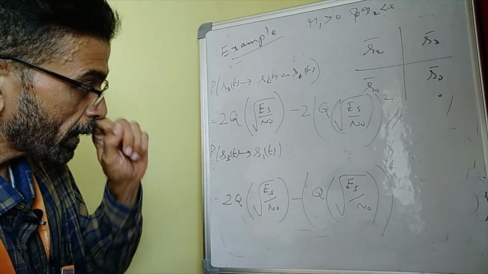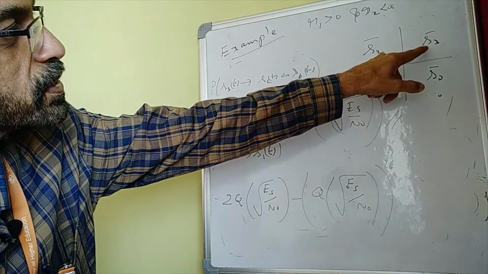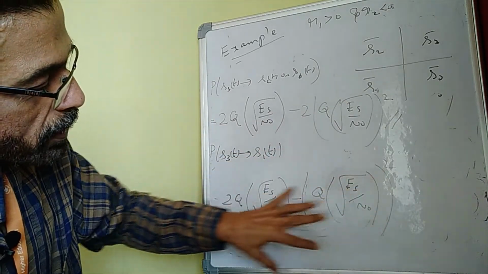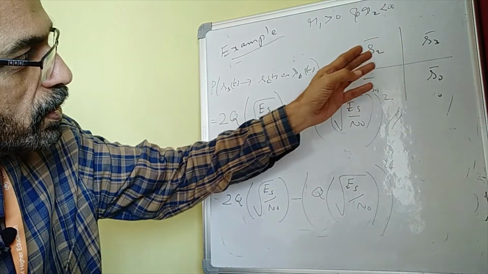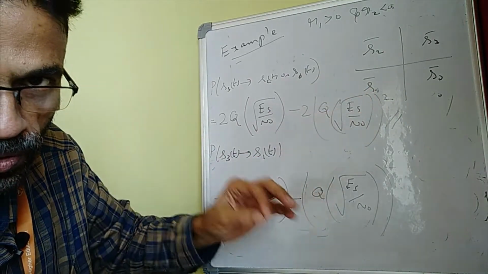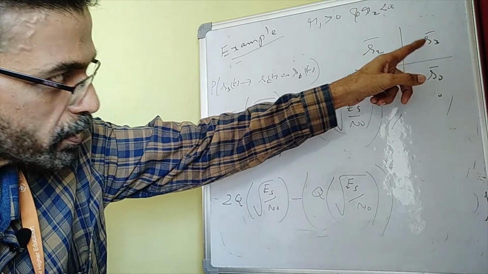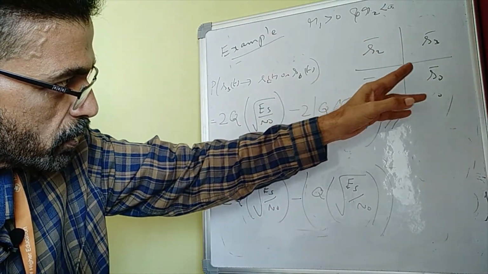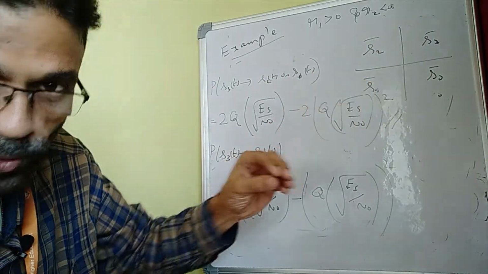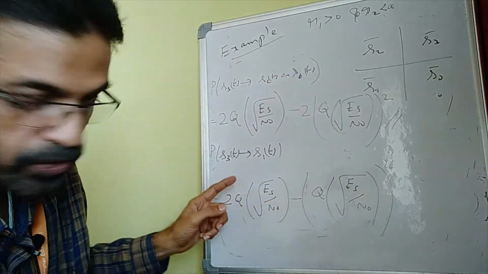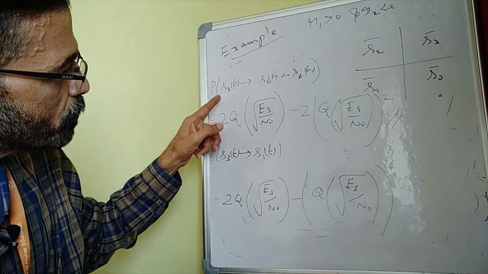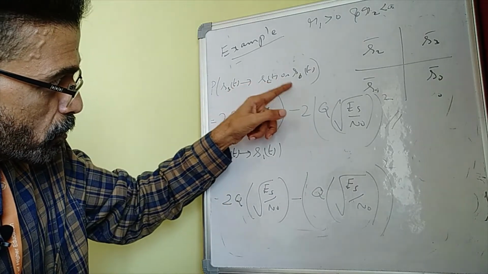This is the probability of S3T being detected as either S2, S0 or S1, because when S3T is detected as any of these three, you have committed an error. So if we subtract from this the probability of S3T being detected as either S2T or S0T, we should get the probability of S3T being detected as S1T.